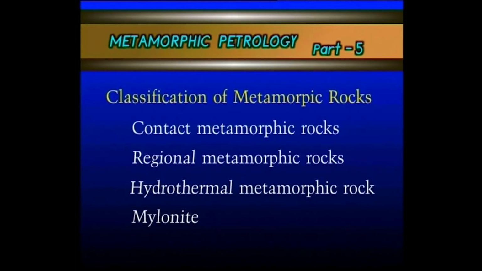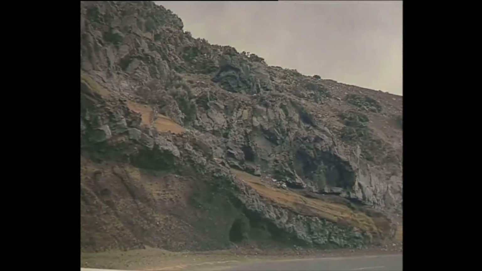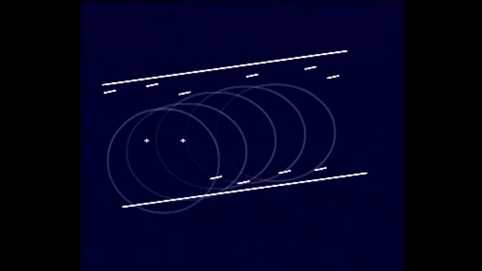If we take contact metamorphism, normally in this case the intrusive rock is very important, and the country rock may be sedimentary, igneous or metamorphic itself. Whatever different zones or aureoles are developed, or in other words different types of metamorphic rocks, all depend upon the types of intrusion as well as the host rock in which the intrusion took place.